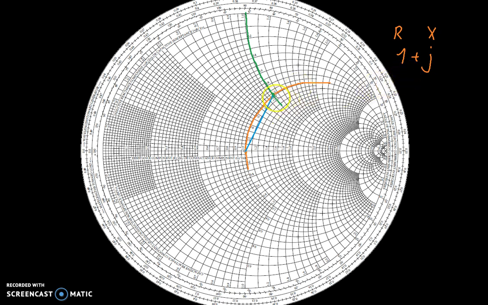That is going to be the absolute value of the reflection coefficient. And then we find the angle that this line makes with the horizontal axis here. So this is theta. And to find this angle, all we have to do is to continue this line, the straight line from here up to the end here, because at the end we can see the angle.